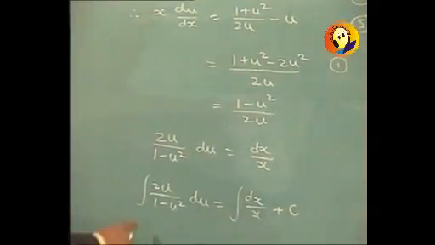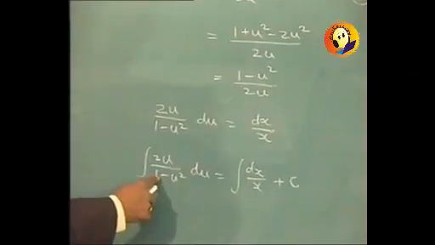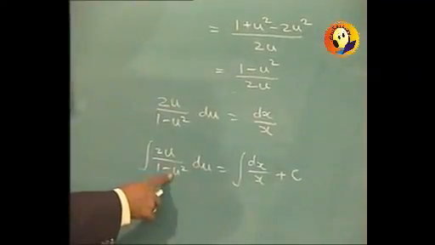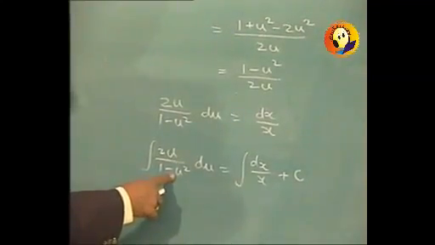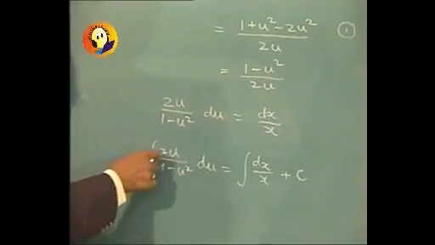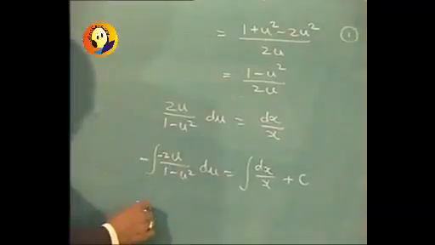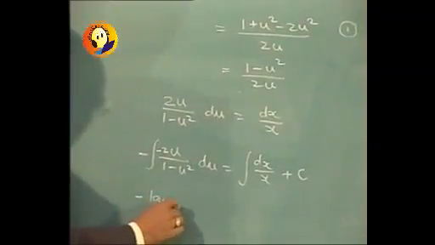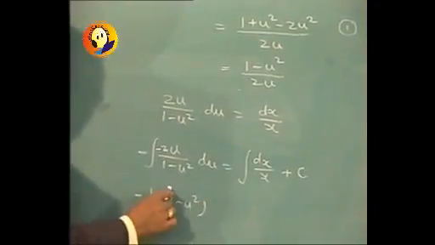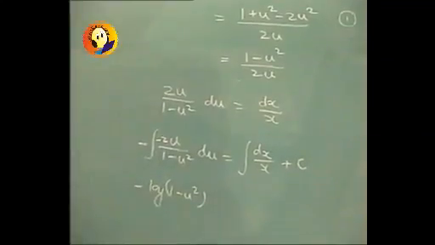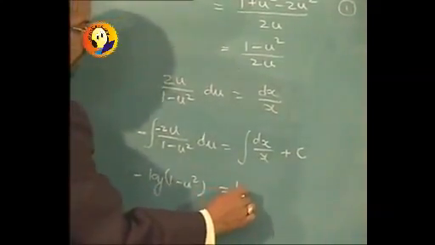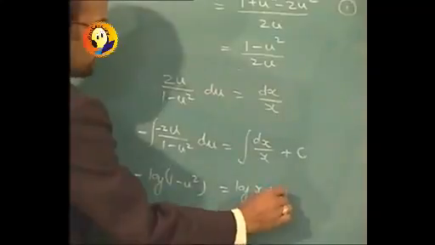Again it is in the form f dash upon f. 1 minus u square when differentiated will give minus 2u. So we will adjust the minus sign and then proceed with the integration. It is minus log of 1 minus u square, which is the integration of the left hand side, equal to log of x plus constant.